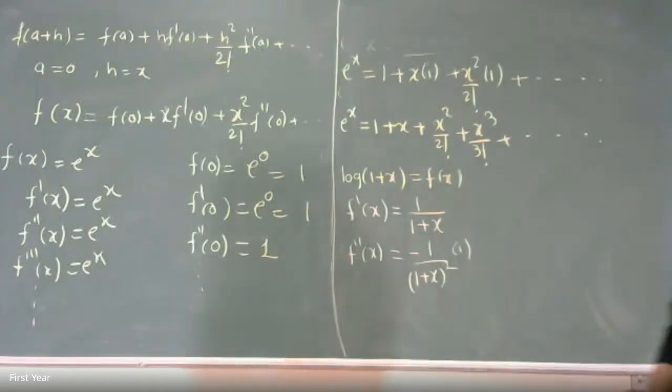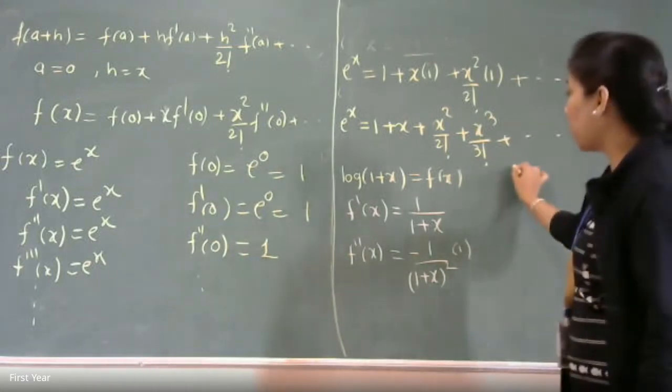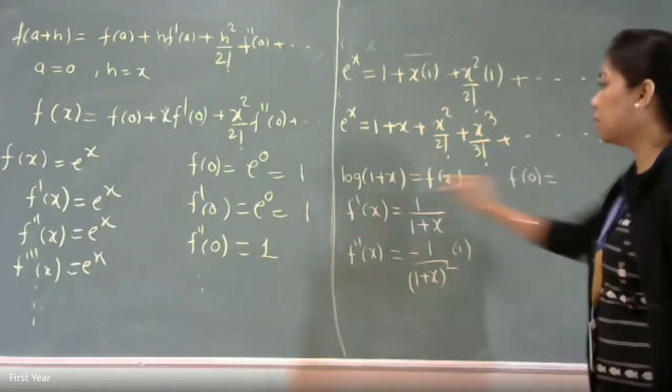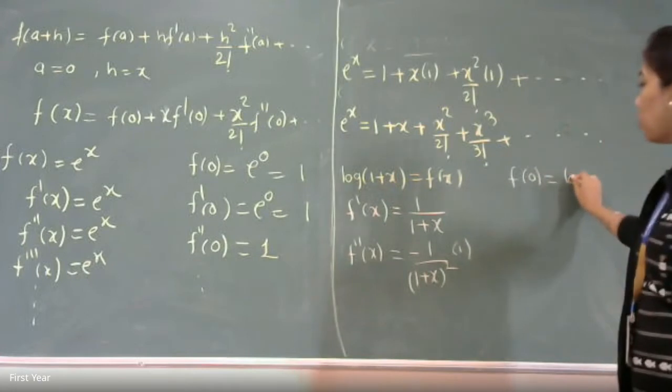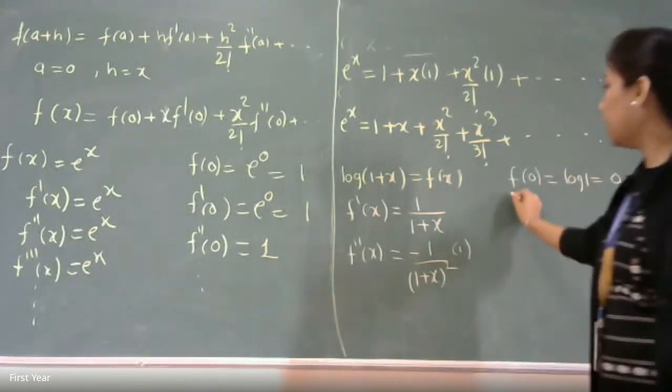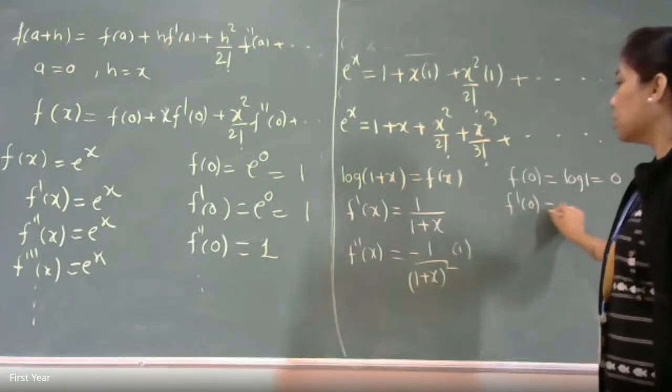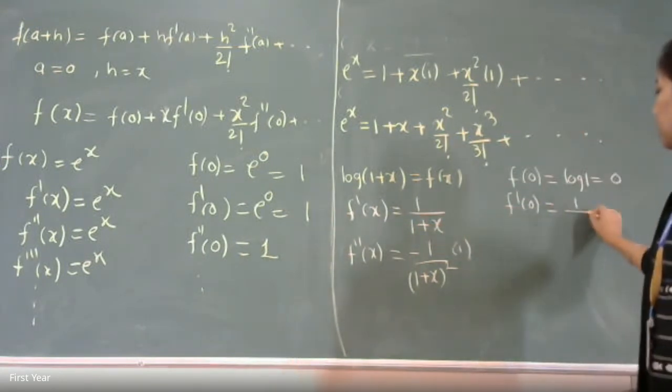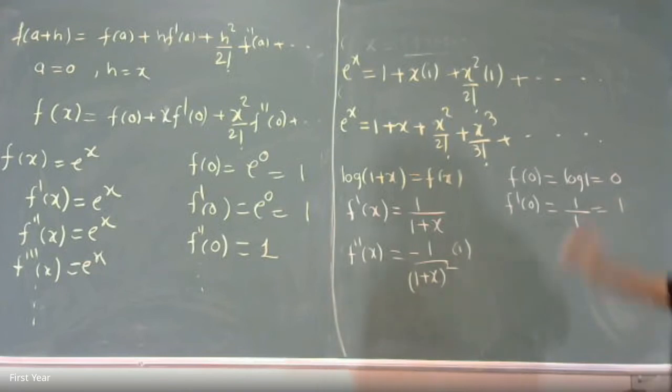Ma'am, we have to put 0 in place of x, right? Yes, you have to put 0 in place of x and then you get the answer. So f of 0 is nothing but log of 1 plus 0, that is log 1, which is 0. Then f dash of 0 is 1 upon 1 plus 0, that is 1 upon 1, which is 1.